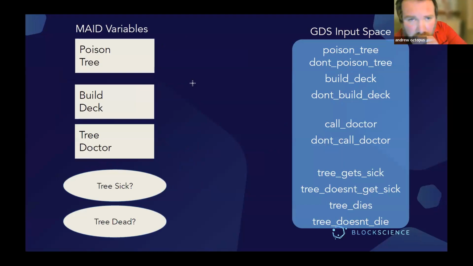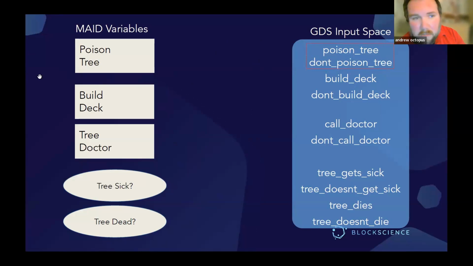So we have our MAID variables, and then we have our GDS input space, and there's a pretty clear correspondence between the two. Anywhere we had a variable in our MAID, we could represent that as an input, where this input will be specifically updating this state variable that was defined, which would probably still be a state variable in the GDS depending on our choices of representation.